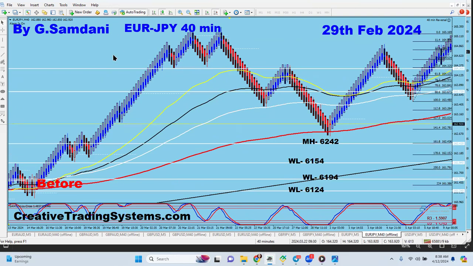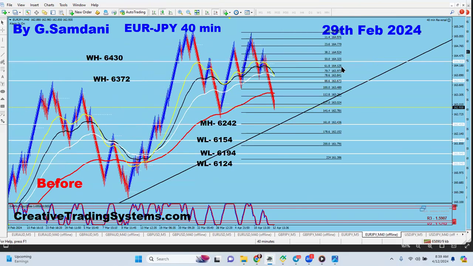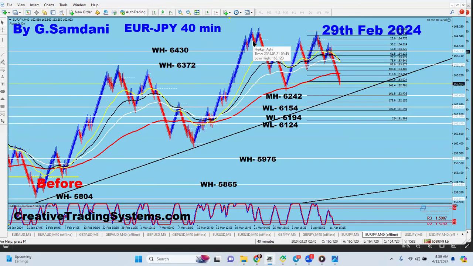Because this was a big move to the upside and now it's doing a correction, A, B, C, maybe just to the trend line or a little bit more to the downside. Who knows? But even if I had my trade open, I would go for the trend line and then close definitely. But I already closed it because it's Friday and I'm sleepy, to be honest with you. I stayed up all night.